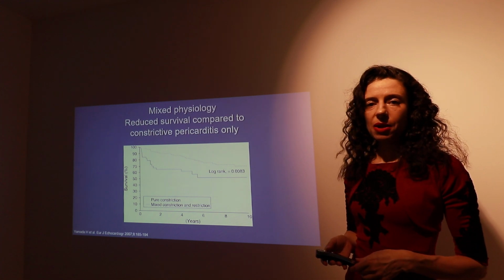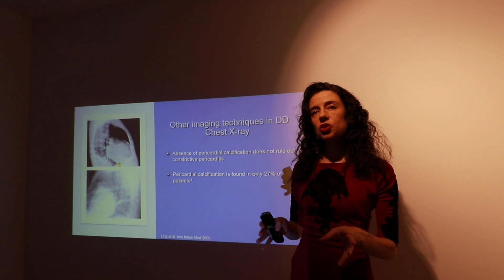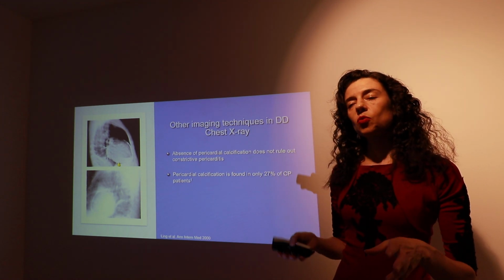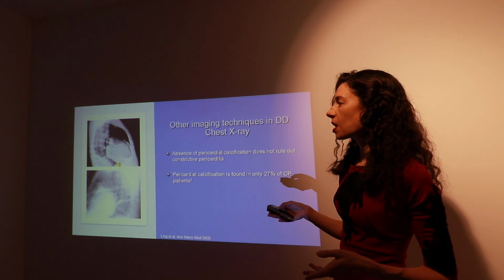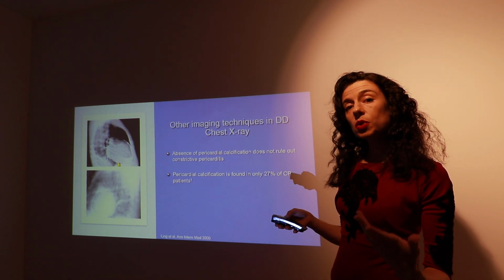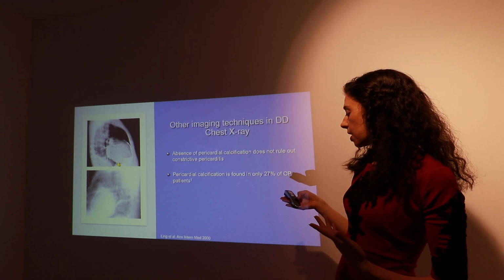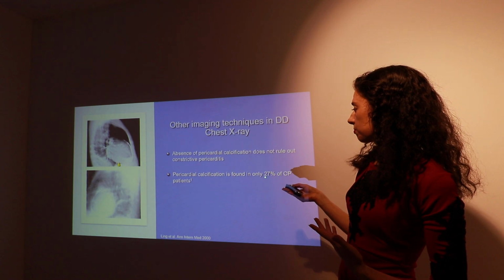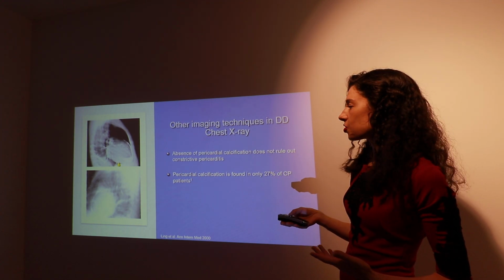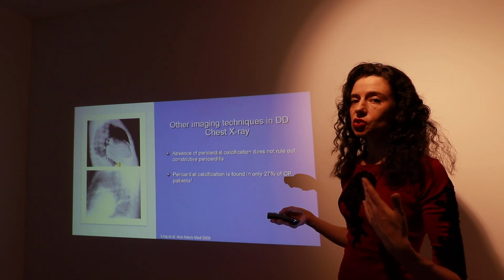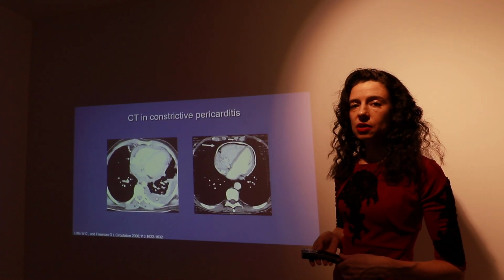So the other imaging methods: the chest X-ray could be very useful if we have pericardial calcification as a diagnosis of constrictive pericarditis, but you should know that in only 1/4 of the patients do we have such pericardial calcification, and the absence of such a finding, of course, does not rule out constrictive pericarditis.